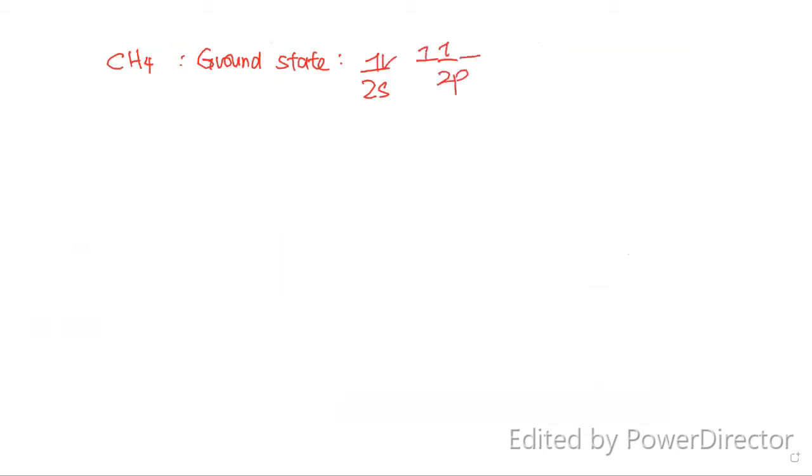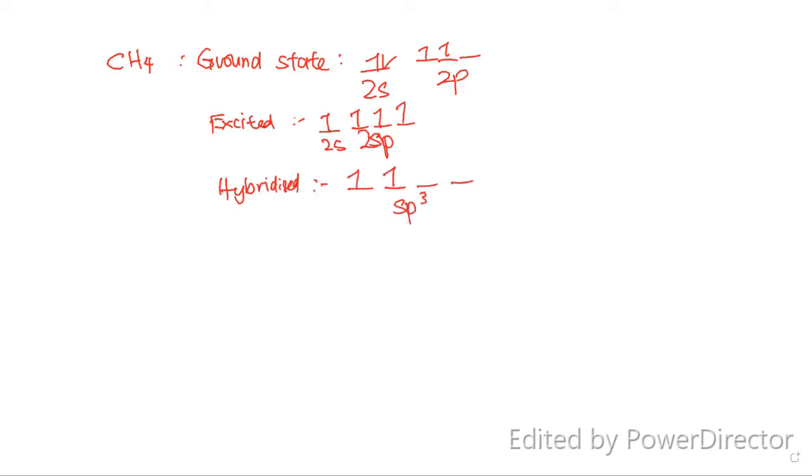Then we have the excited state, where the 2s and 2p are at the same energy level, and one of the electrons from the 2s is excited to the 2p. Then we have the hybridized state, because to explain CH4 you form sp3. Because it's sp3, the shape of the carbon is tetrahedral.